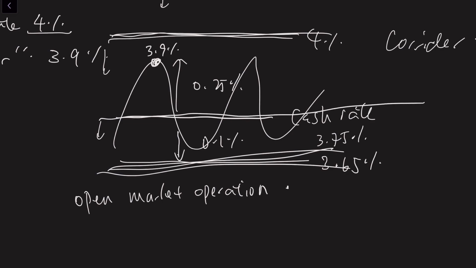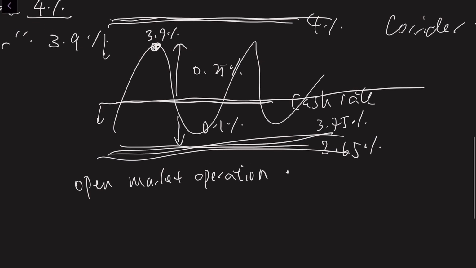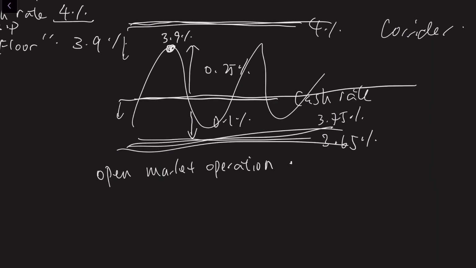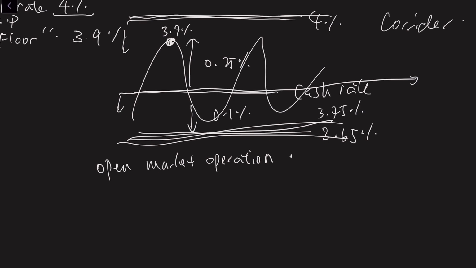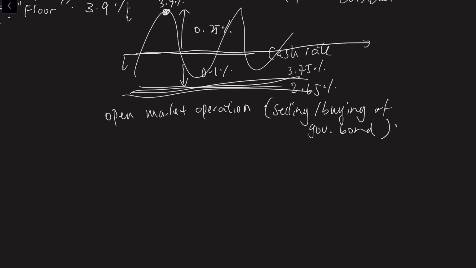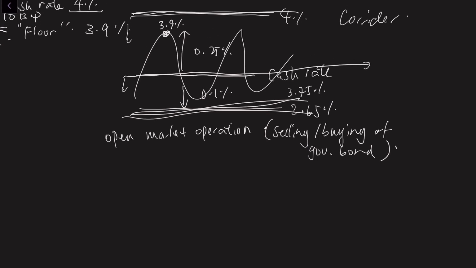And the Reserve Bank wants to make the actual cash rate as close to the announced cash rate as possible. And they can do this via open market operations, which is the buying or selling of government bonds. So when the actual cash rate is above the target, the RBA wants to decrease the interest rate. And they do that by buying government bonds from banks.